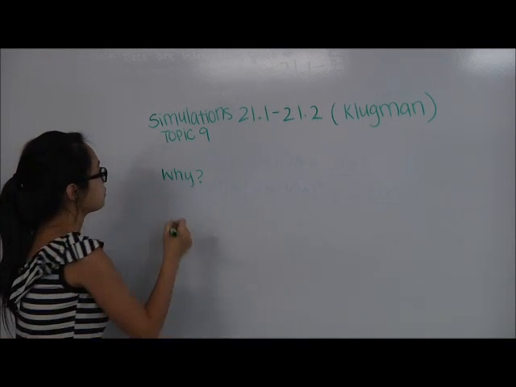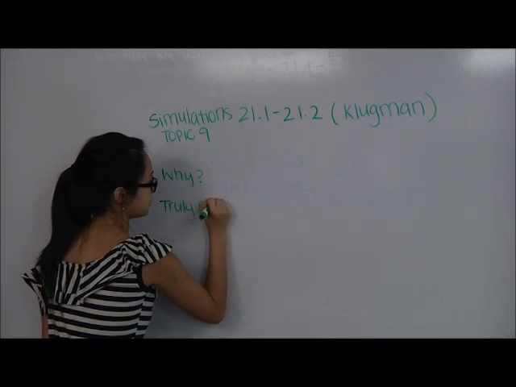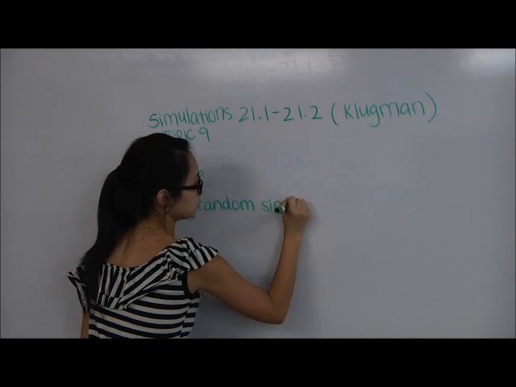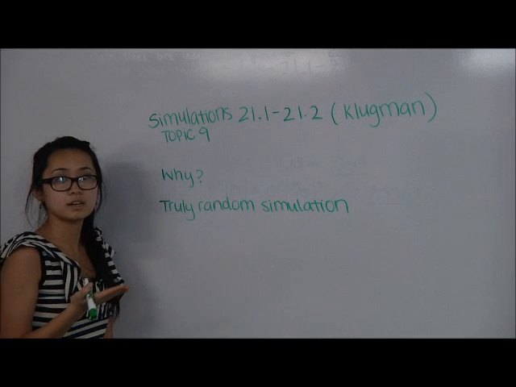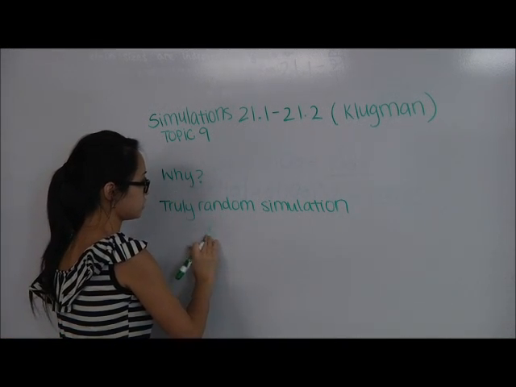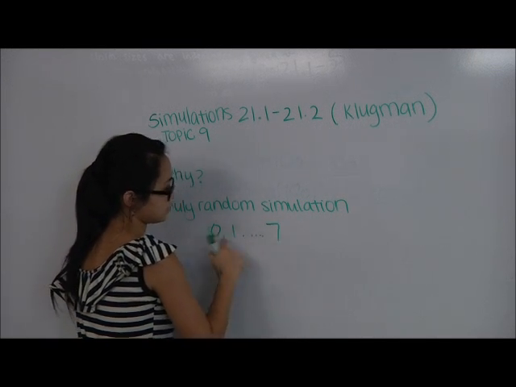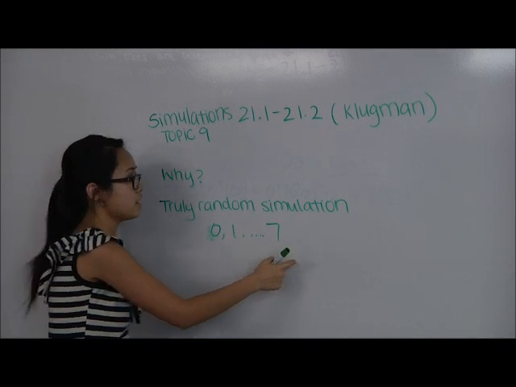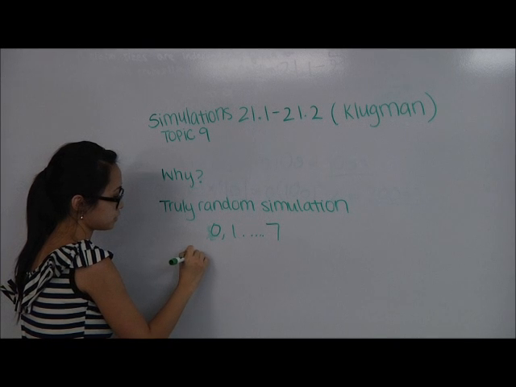An example of a truly random simulation is when we need to generate a uniform discrete distribution from 0 to 7, which gives you 8 different values. For this, we can use a coin toss with heads or tails.